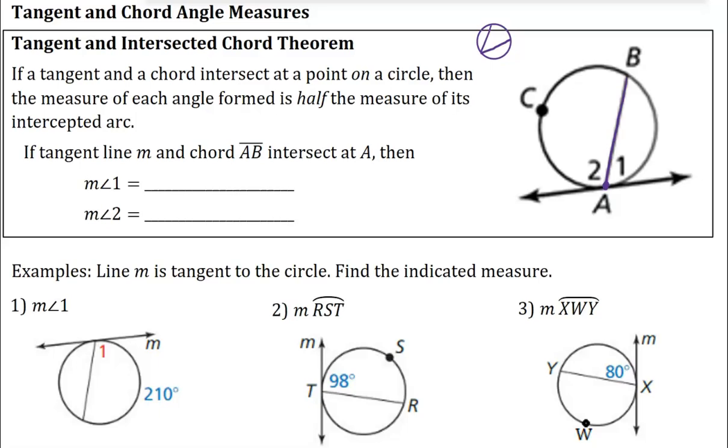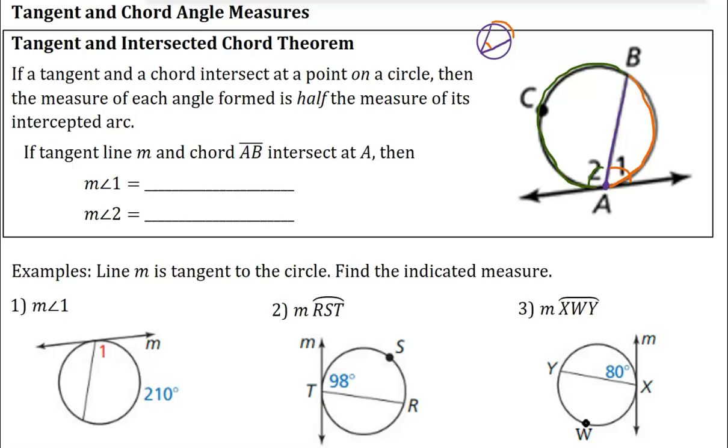So with this type, this angle was equal to half of this arc, and the same relationship exists here. So this angle is going to be equal to half the measure of this arc, and then angle 2 is going to be half the measure of its intercepted arc.